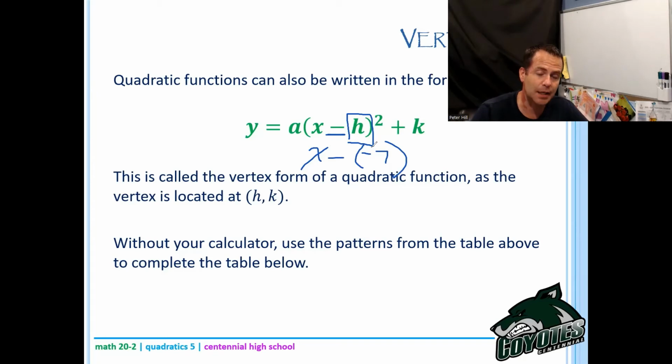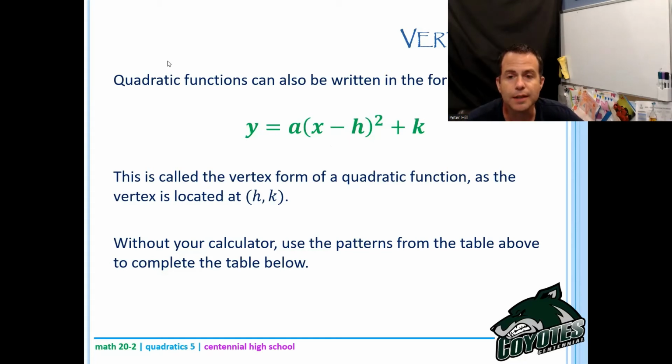It's actually because it's x minus whatever that h value is, okay? So this is called the vertex form of a quadratic equation, as the vertex is located at (h, k). Now, k was the easy one. We just read it exactly as we saw it. So now without your calculator, use the patterns from the table above to complete the table below, okay?